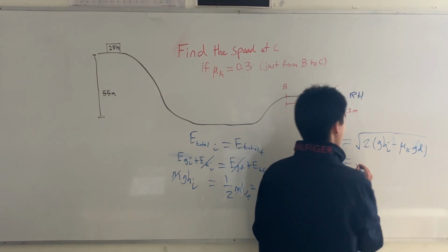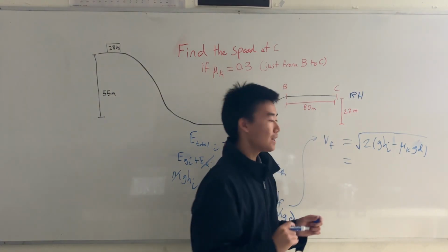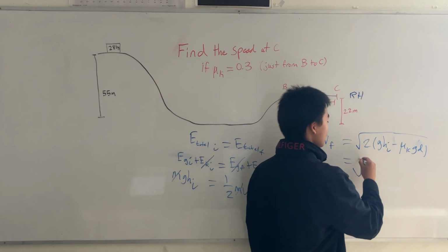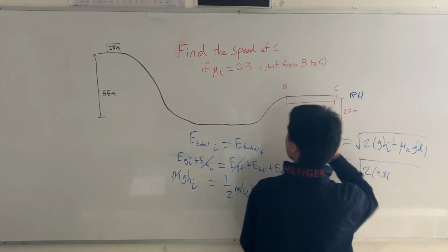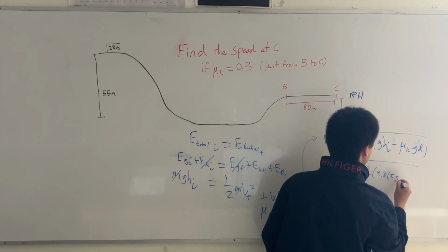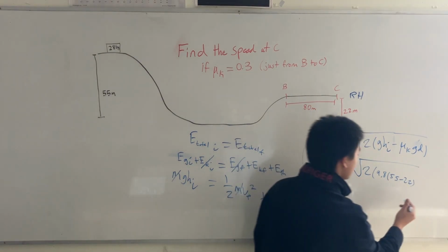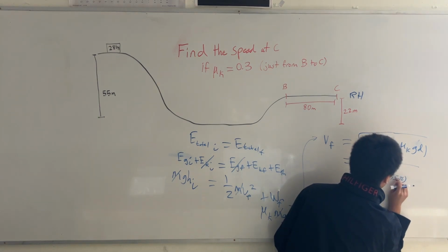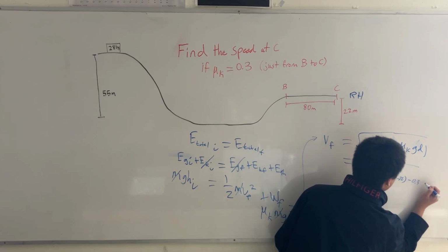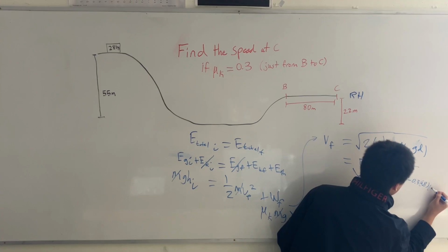Now what we get from this, we plug in our numbers. We're getting 2 times 9.8 times, remember, this is 55 minus 22, because that's our reference height. Minus our 0.3, 9.8 times our final displacement, which is 80.